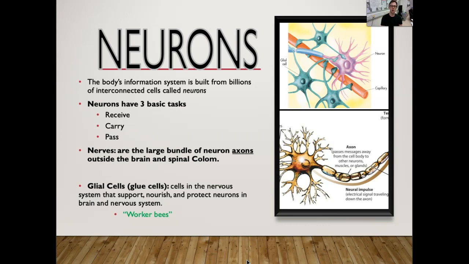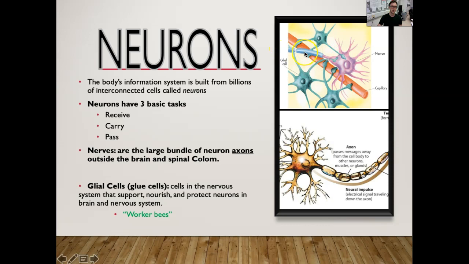But also you have another type of cell listed here, and that would be the glial cell, known as the worker bees, okay? And the reason we call them the worker bees is because they provide nutrients, they insulate the myelin, they guide neural connections, they nourish the neuron, and they protect the nerve cells. So you can see here, in this picture, they are the green cells here, whereas this purple cell here would be the neuron, and this is the axon, okay?